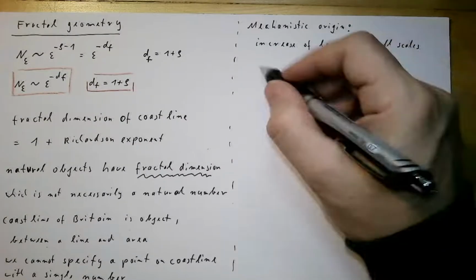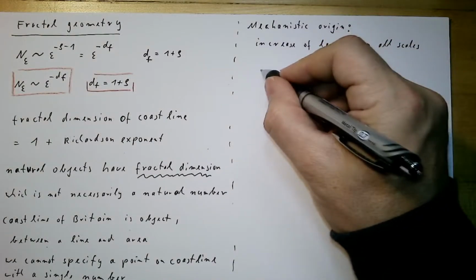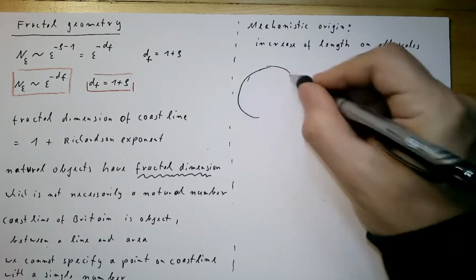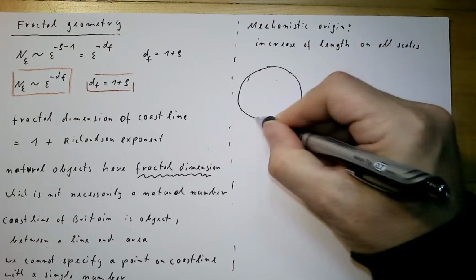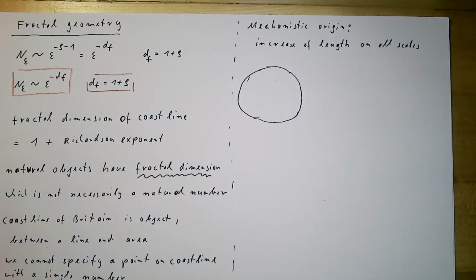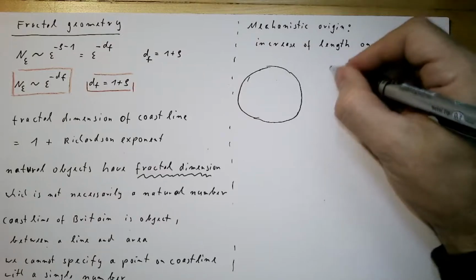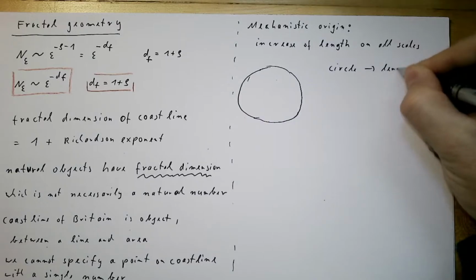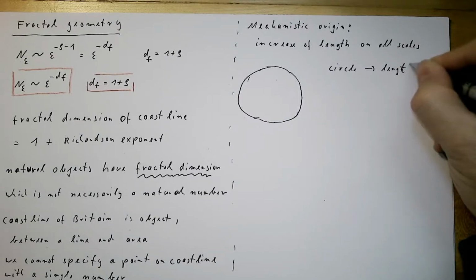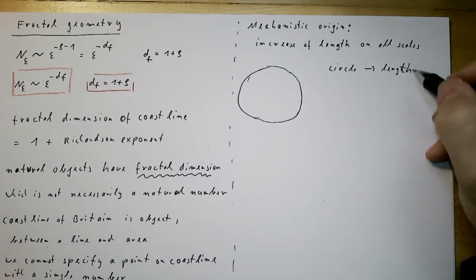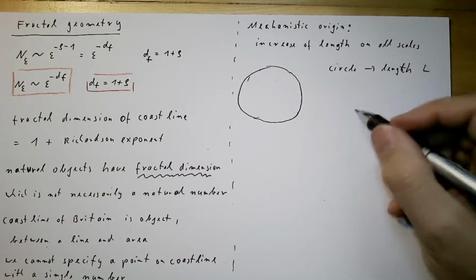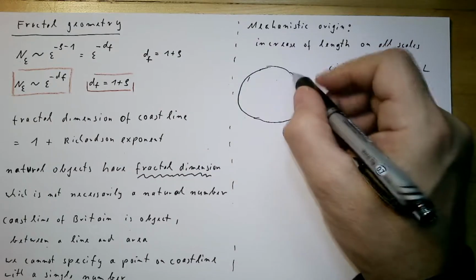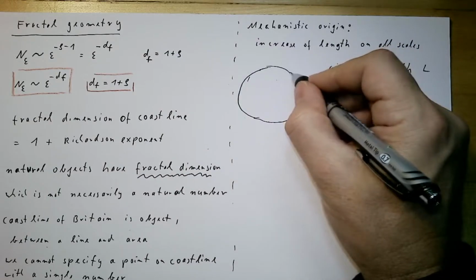So now let's take a simple object of our normal geometry. Let's take a circle. And the circle has a certain length. Okay, and now we do some deformations. We try to deform the circle, so that it looks more like a coastline, and we can do this.